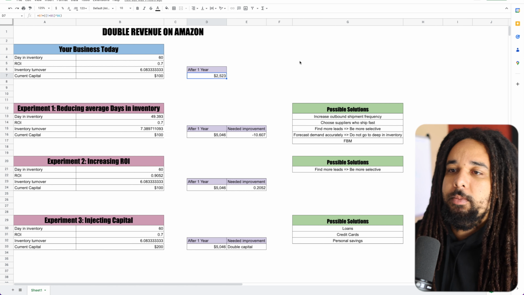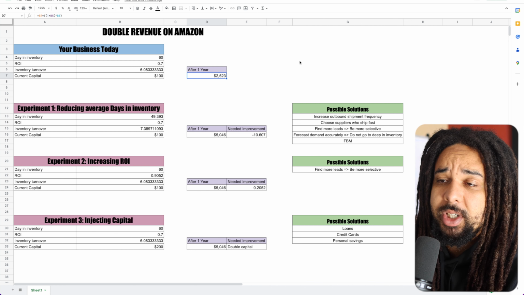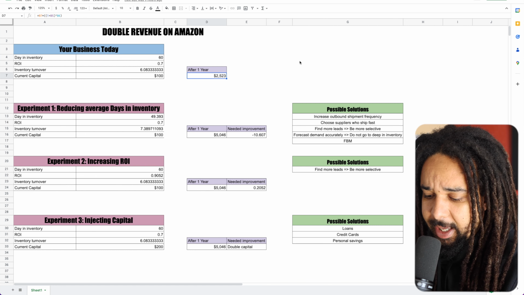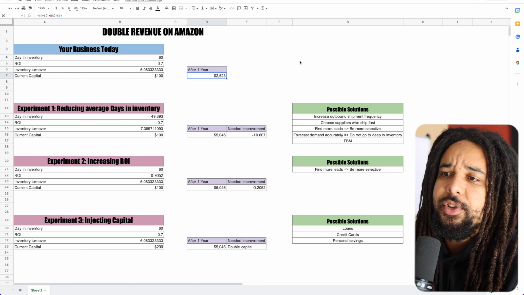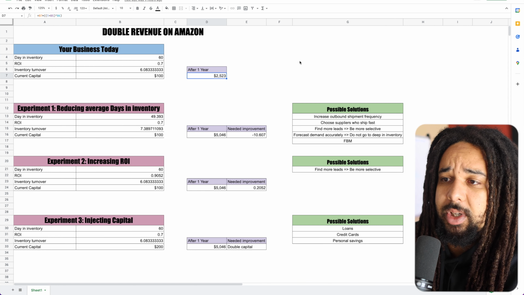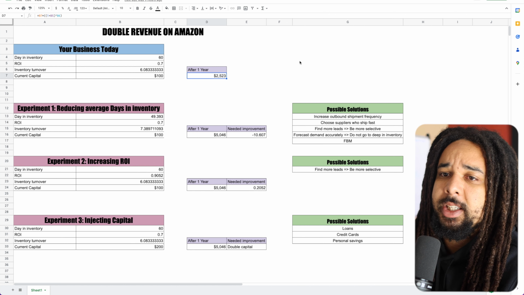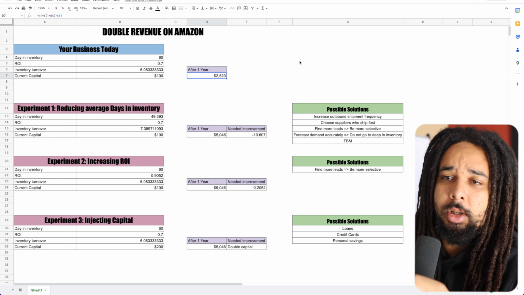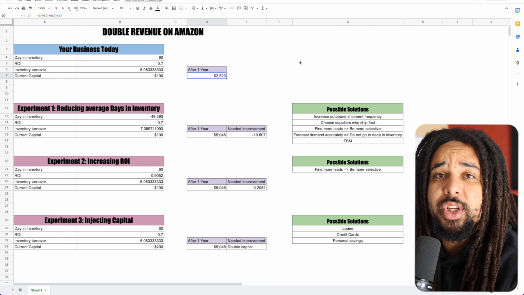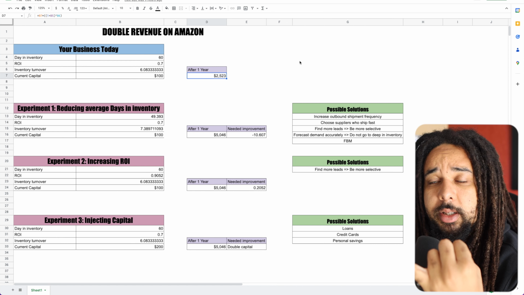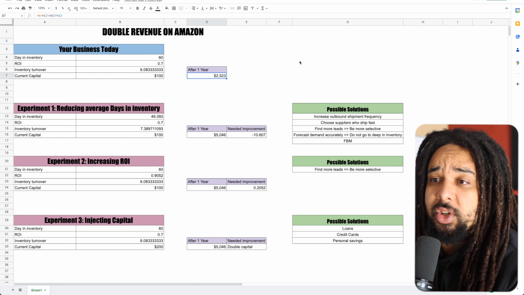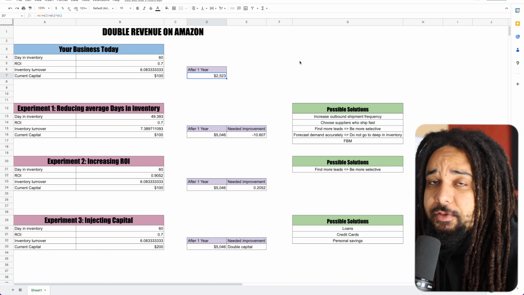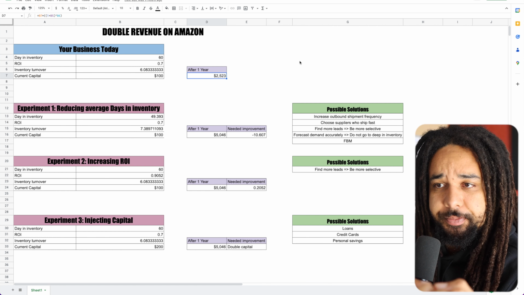All right? So, as I said, there's really three levers that you can use to exponentially grow your business. If we want to increase that number after 1 year, there's three things that we can play with. The average return on investment, for every single product that you sell.